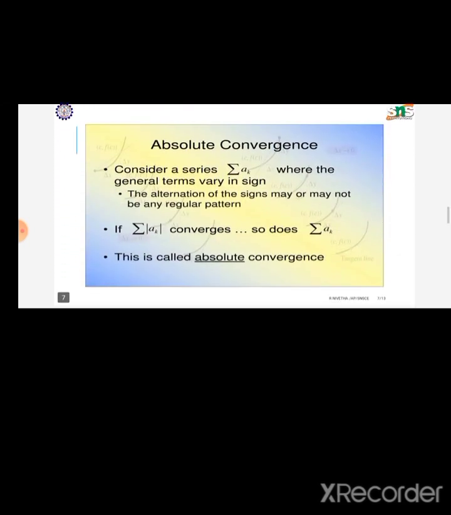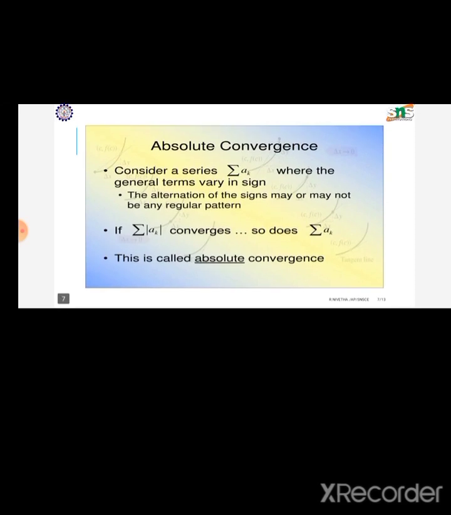Then absolute convergence. Absolute convergence means that if the summation of the modulus of a_k converges, then the summation of a_k also converges. Consider a series where the general term varies in sign, plus and minus, and the alternation may or may not follow a regular pattern.